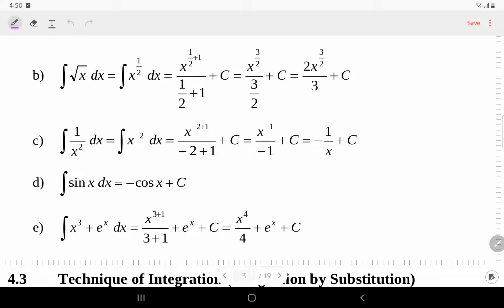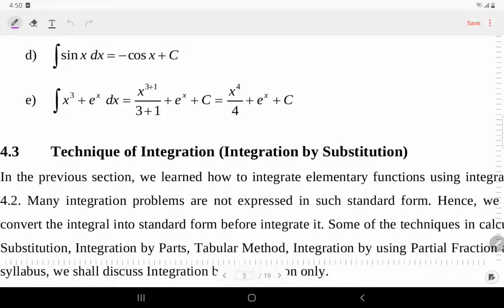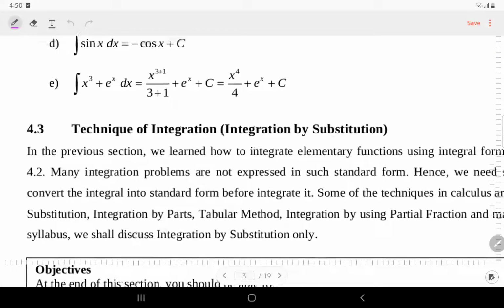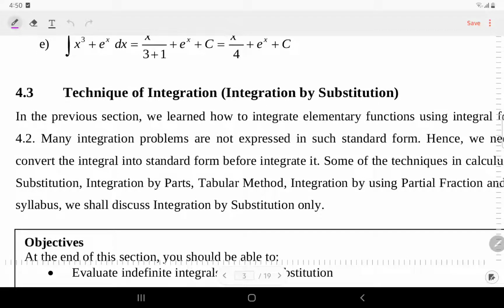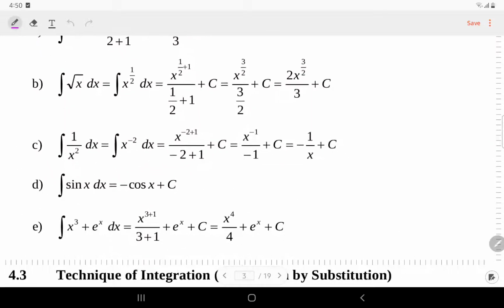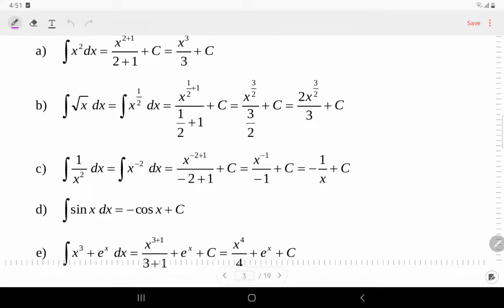Okay, so for the next subtopic, integration by substitution, we will cover next week on week 10. Kita akan belajar integration by substitution. Ini adalah another method for integration, untuk kita integrate function yang a little bit complicated. So untuk minggu ni kita hanya belajar untuk integrate function yang basic.